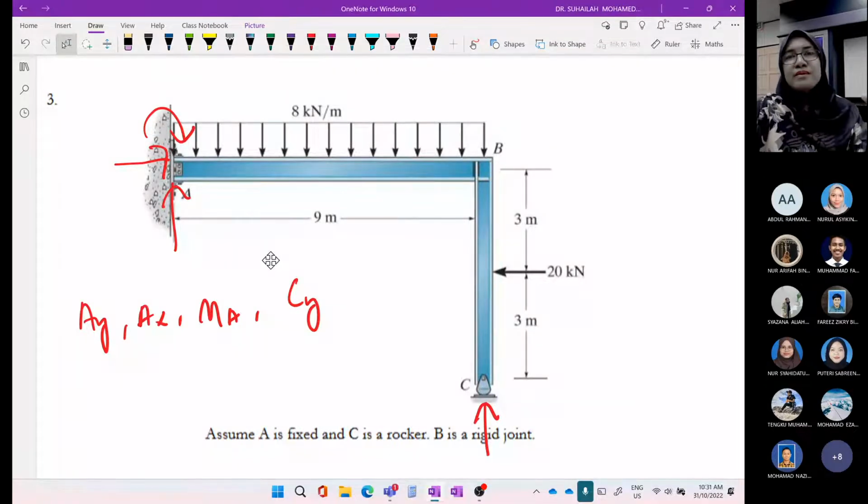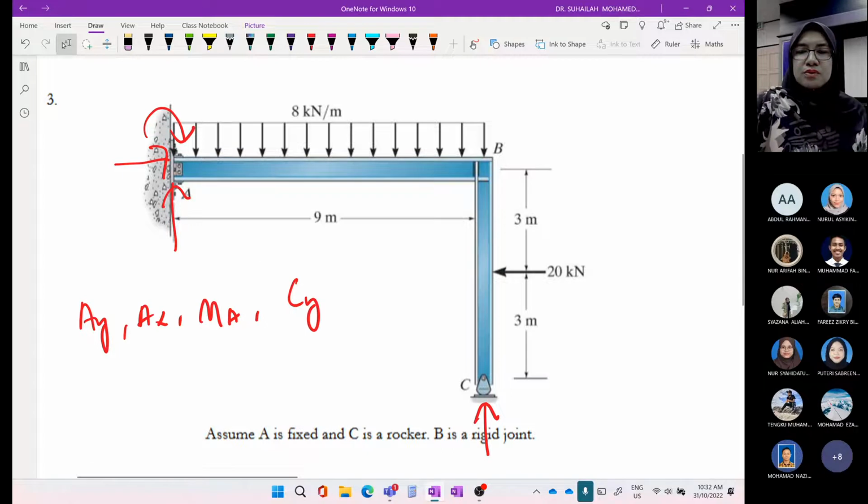For the compatibility equation we want the moment equation, and from the moment equation we want the reactions. So for one redundant, we have 2 systems to analyze: the primary system plus the redundant system.